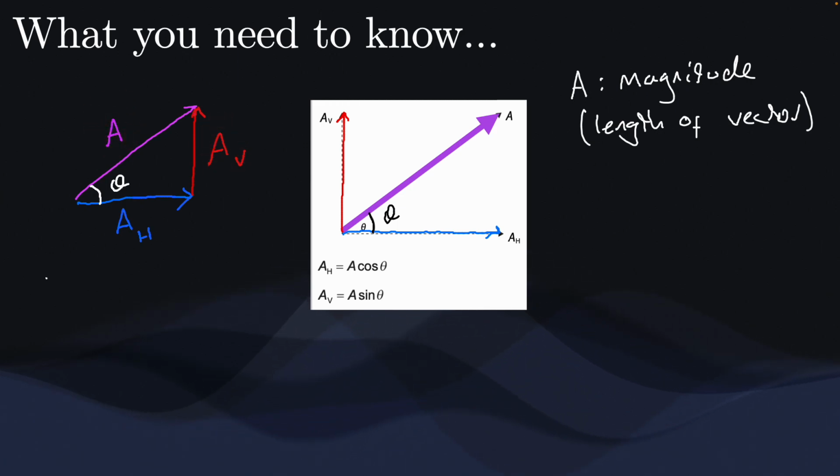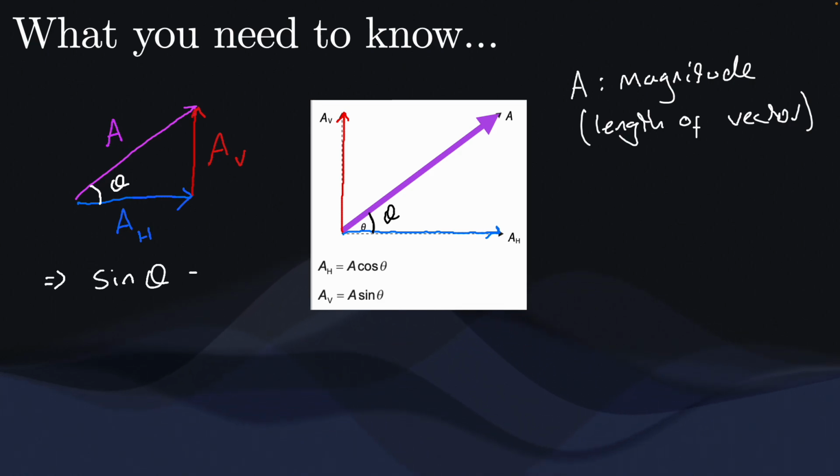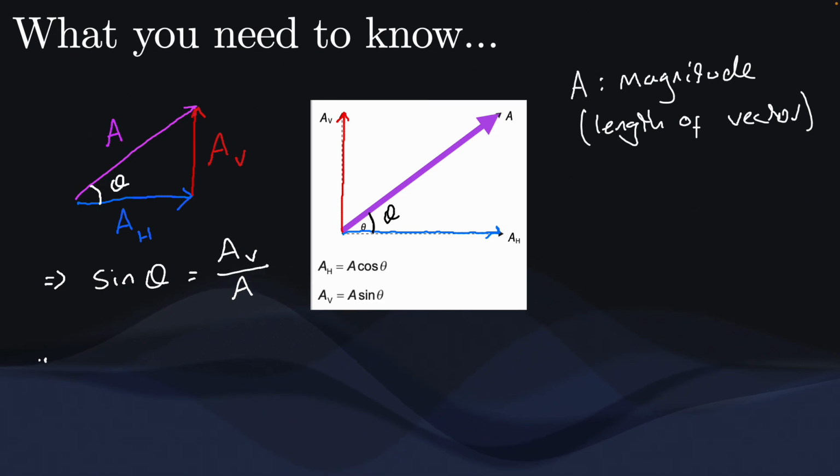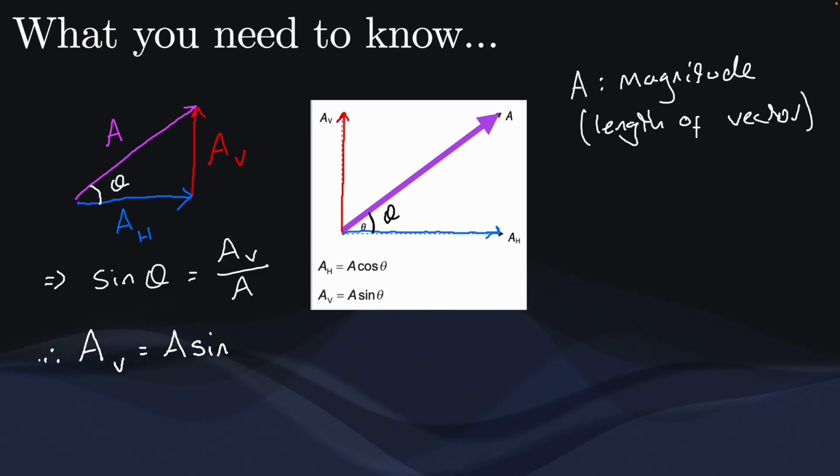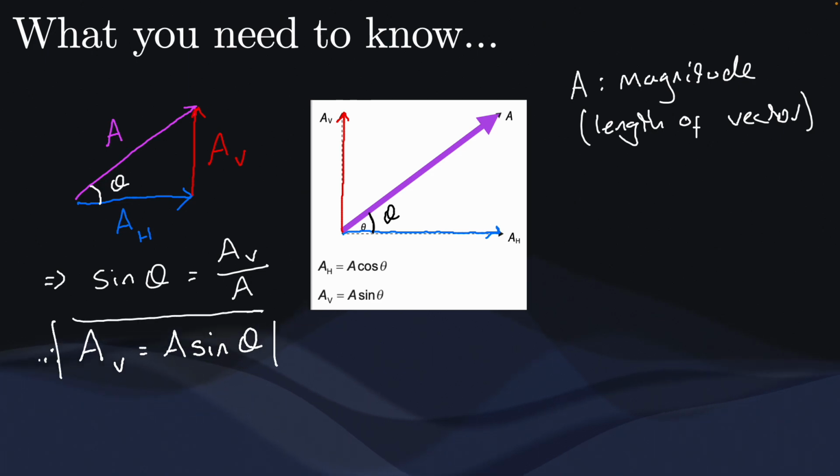Therefore, sine theta is equal to A_v over A. When we rearrange that, we find that A_v is equal to A sine theta. And there you go, that's the first equation.